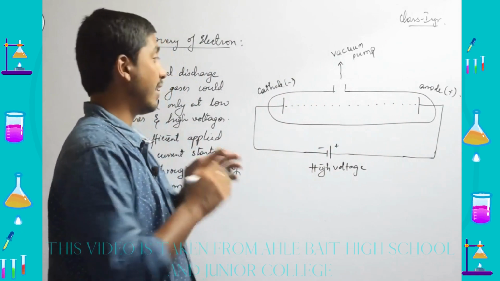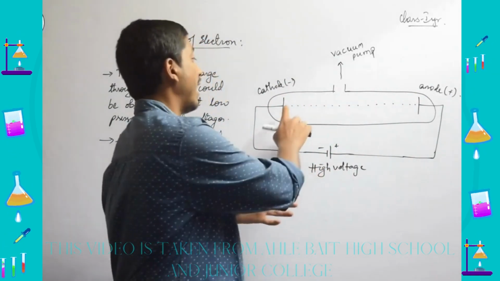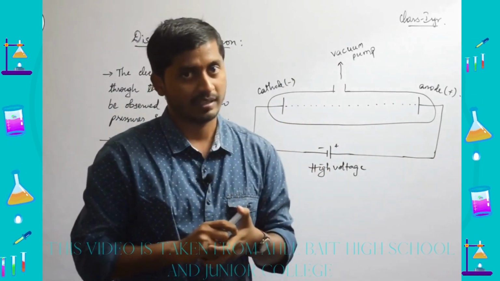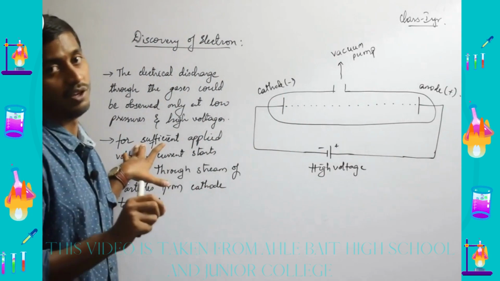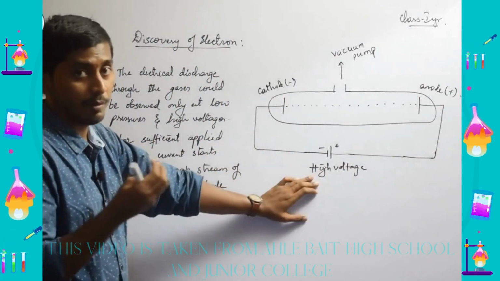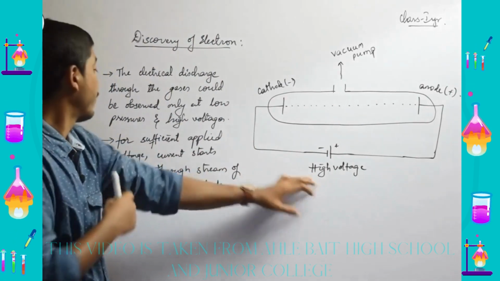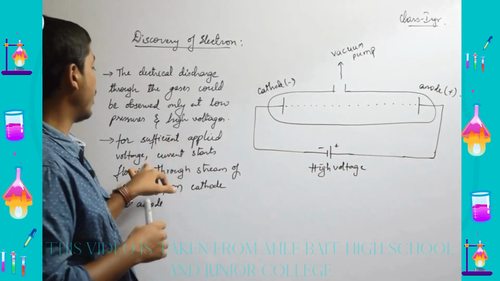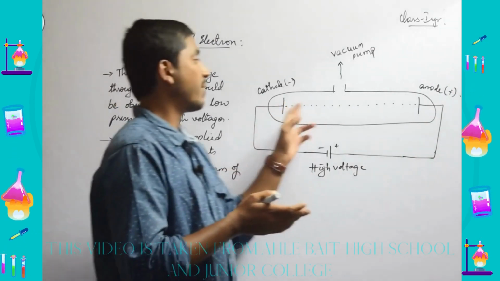A cathode ray is the stream of particles released by a cathode. For a sufficient applied voltage, which means it requires a minimum voltage to start generating the charges, current starts flowing as a stream of particles from cathode to anode.